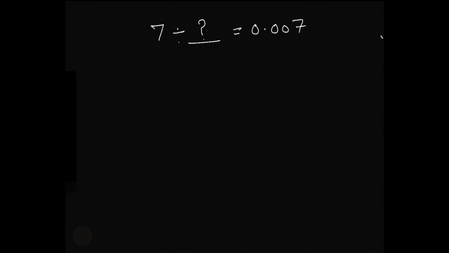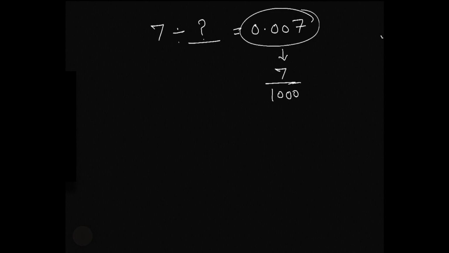Children get scared after looking at this number. So the easy way to solve it is, first write this in fractions. This is the thousandth part, right? There is no whole number, only a fractional part. That is 7 upon 1000.